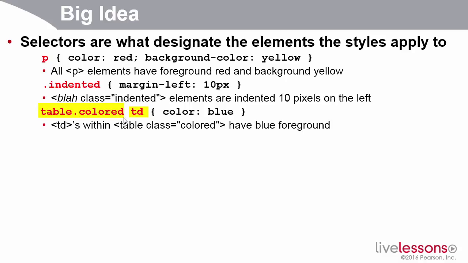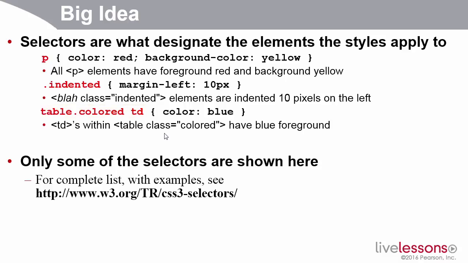Not all tables, not all rows, not all TDs, but only ones that appear in this particular context. And how you designate this context, what kinds of patterns you can put for the CSS selectors, is the topic of this lecture. Now, I'll give the most important ones in this section, but I'm not going to give all of them. And so if you want to see every last one, go to the official specification, and it lists every last one with details and examples.